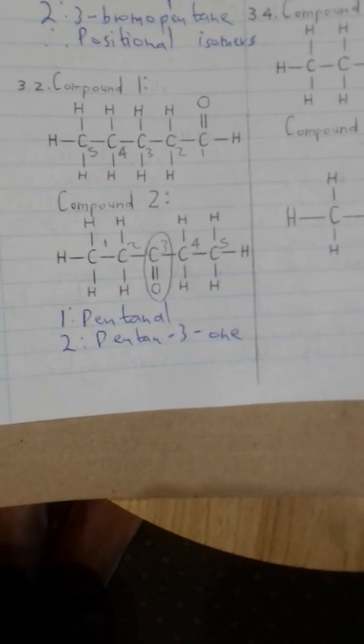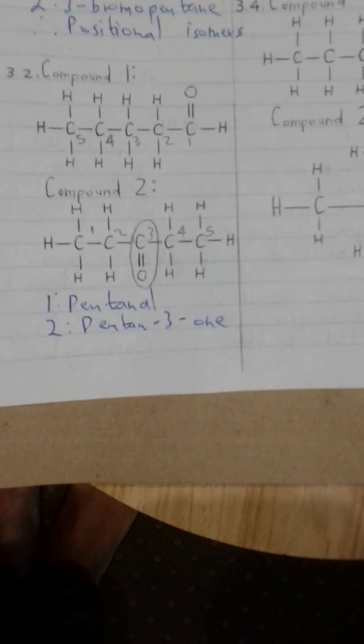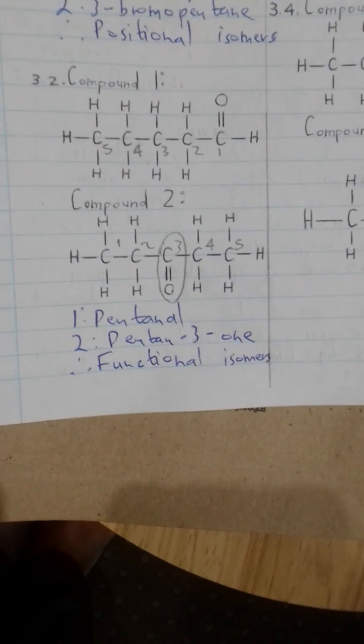So pentan-3-one. Okay, pentan-3-one, pentanal and pentan-3-one, aldehyde and ketone. So therefore these are functional isomers. I hope that is clear and I hope that makes sense.